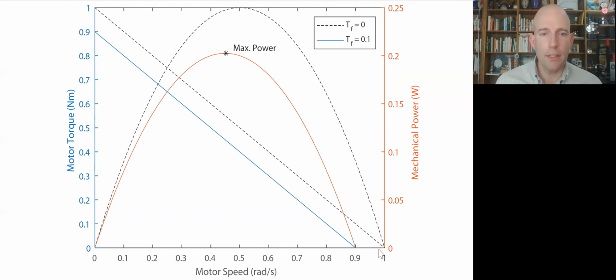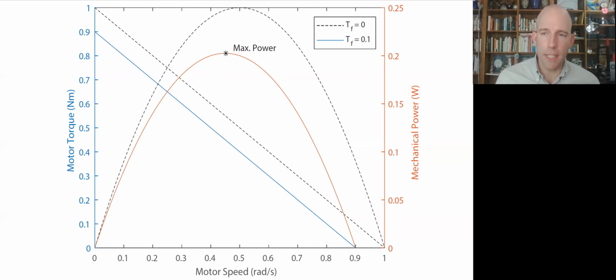And we can see that because the no load speed drops a bit, the power drops a bit. And so we go from the peak power being at half the no load, 0.5 radians per second for the zero torque case, to 0.45 radians per second, still half the no load speed. But with this 10% increase in friction, we get a much bigger decrease in power.